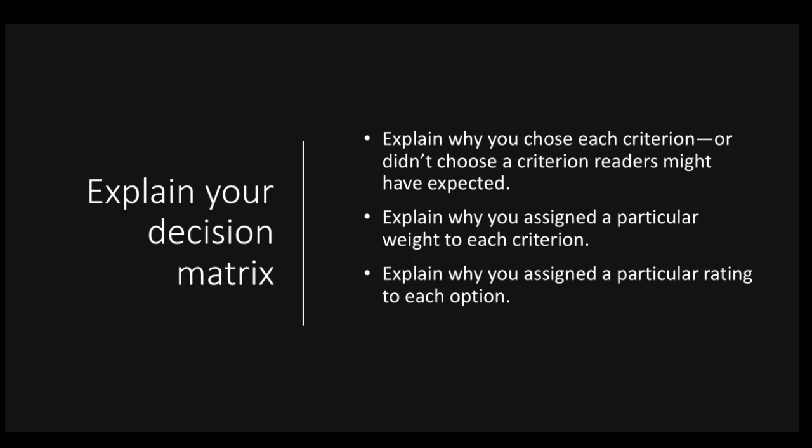So you have to be able to explain your decision matrix. It's not just a great idea to have one, you have to explain what it is you did. So be able to explain why you chose each of your criteria or didn't choose a particular criterion. Explain why you assigned a particular weight to each item, and why you assigned a particular rating.